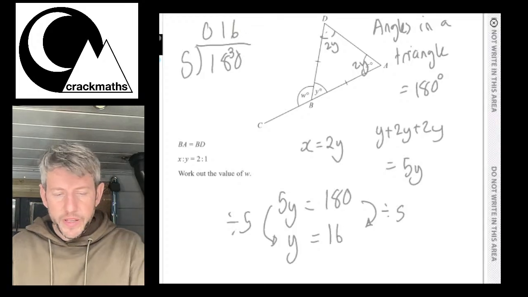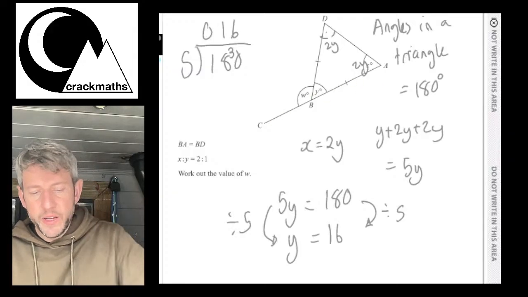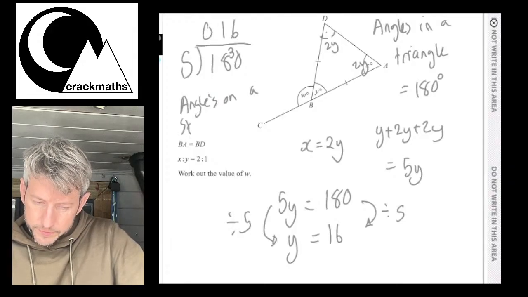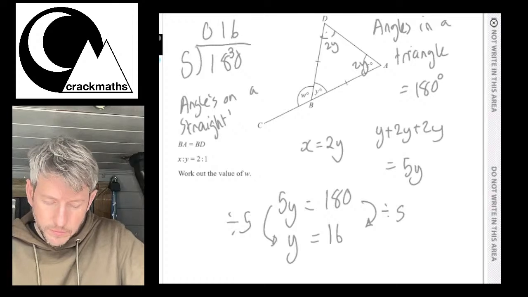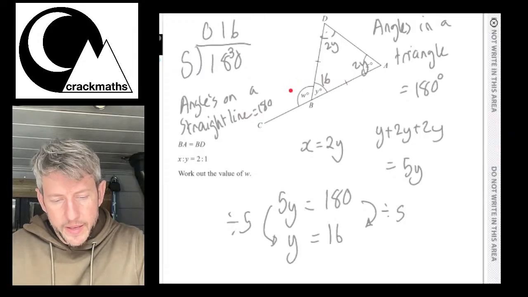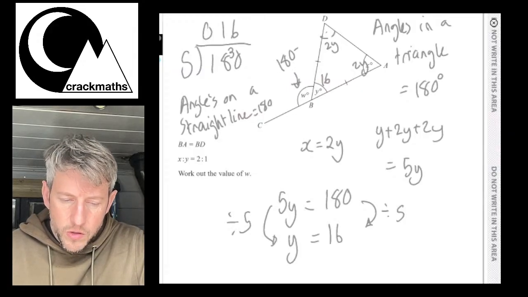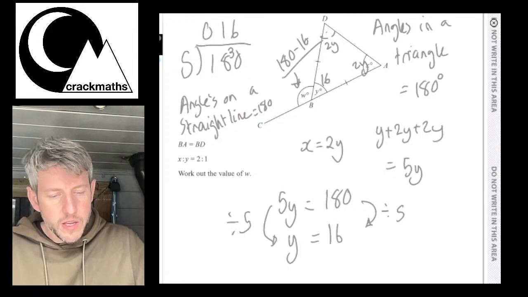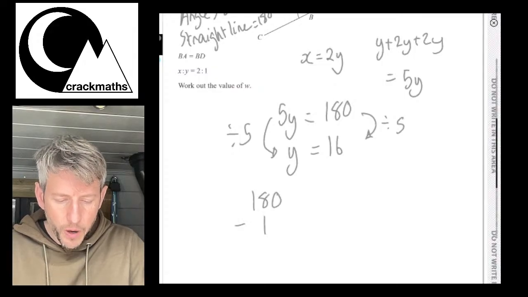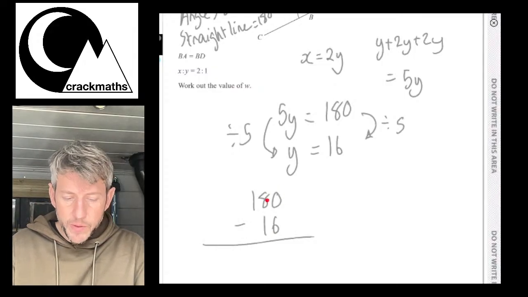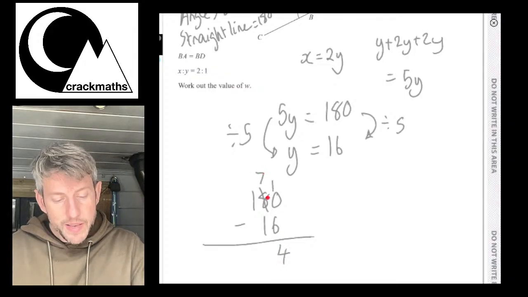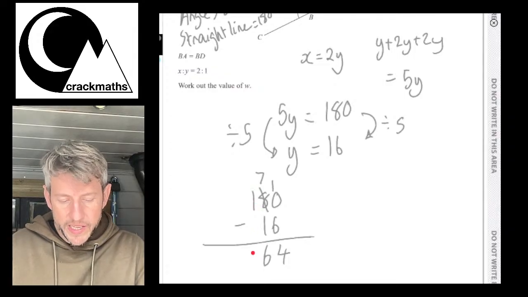Now, the next fact that we need to know is angles on a straight line equal 180. So if this is 16, this bit here is going to be 180 minus 16. 0 take away 6 we can't do, so we've got to borrow 1 from here. 10 take away 6 is 4. 7 take away 1 is 6. 1 take away nothing is 1.